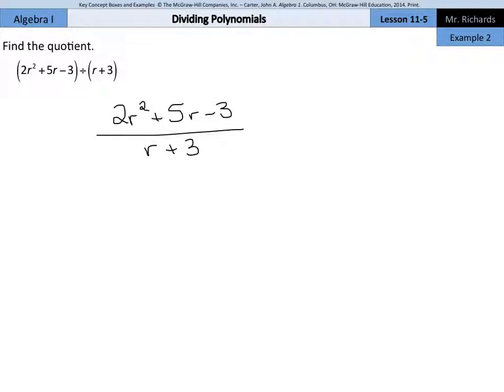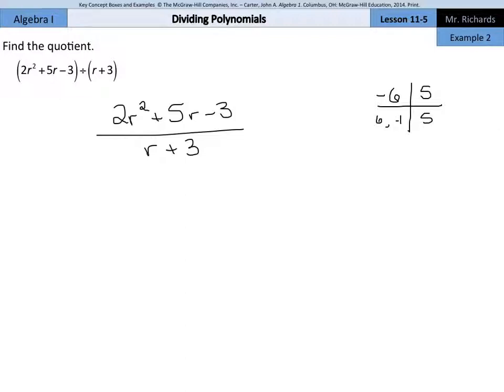Our next step is going to be to factor the 2r squared plus 5r minus 3. So we're going to be looking for a product of negative 6 that adds up to be 5. And as a refresher here, we have a, b, c, the product of a and c, that adds up to be b. And of course for this we could use 6 times negative 1 is 5.